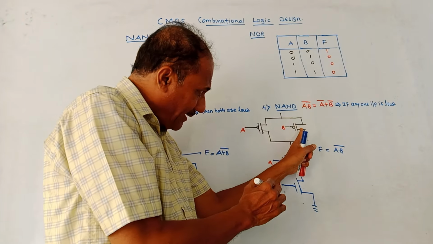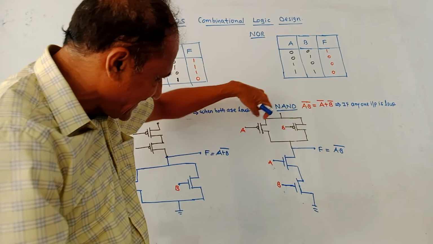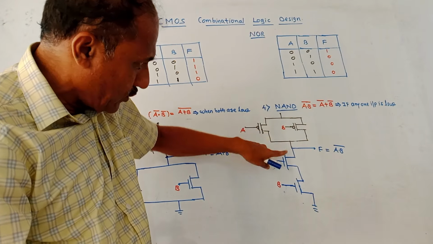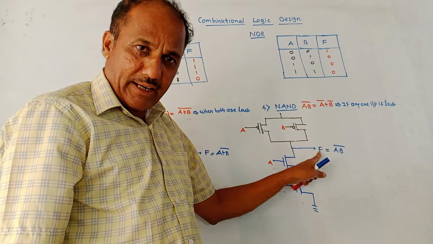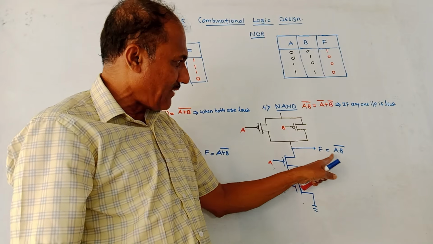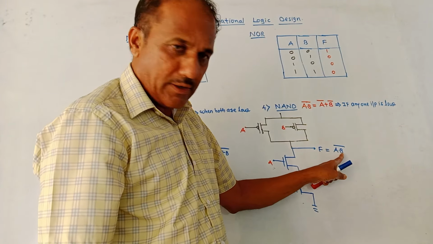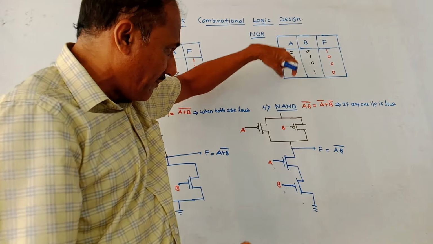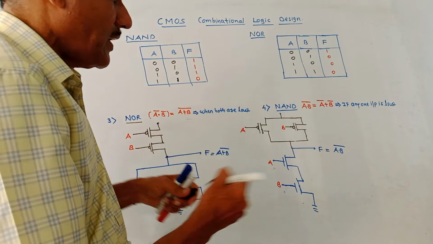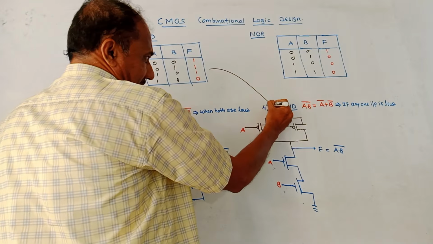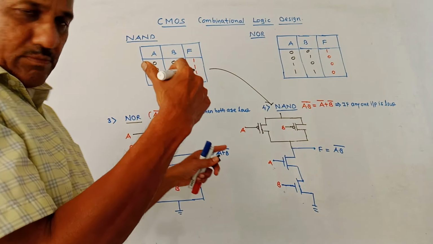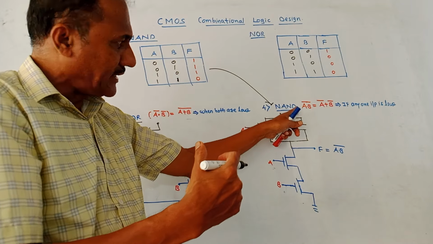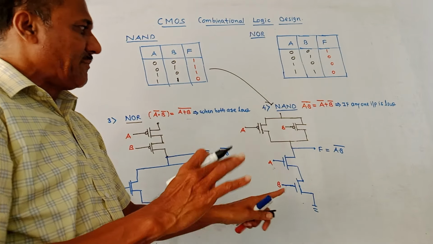Since this is parallel, we will use a series connection. This is PMOS, so instead of PMOS, we will be using NMOS. Output will be taken at this point. So the equation is F is (A into B) bar. This will give the effect of the NAND gate, that is, complementary NAND using CMOS. Using CMOS, we are generating the logical NAND gate.